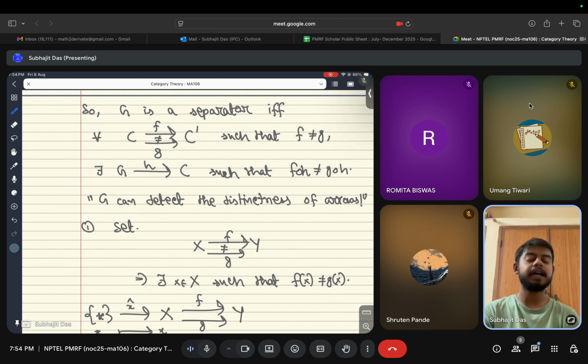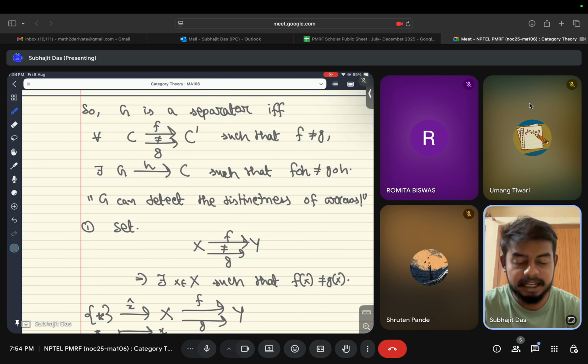Okay. So this needed some more thought, but still, what do you think the answer should be? Isn't every object a separator? Because if some object fails to be a separator, you could pick two distinct arrows, right, such that F is not equal.